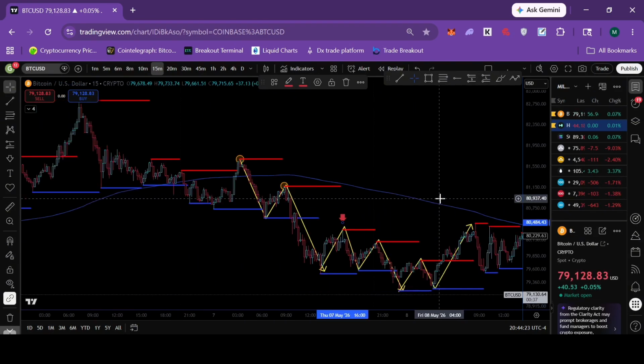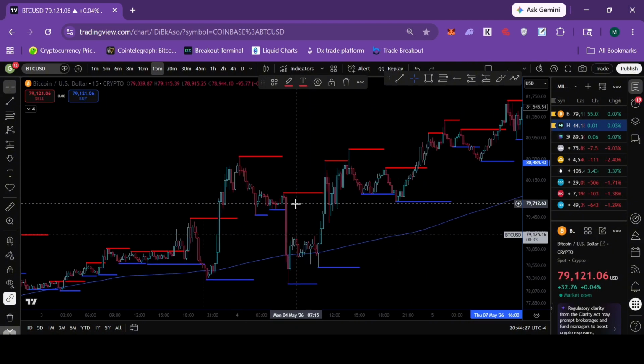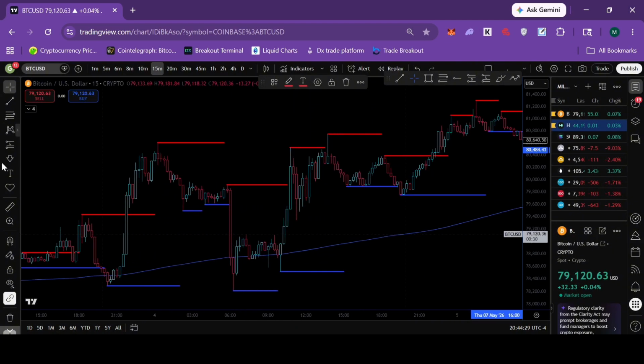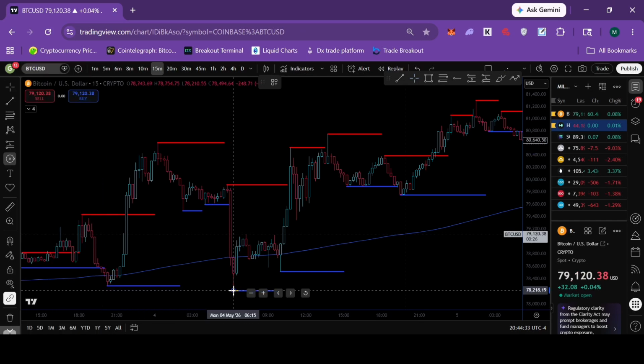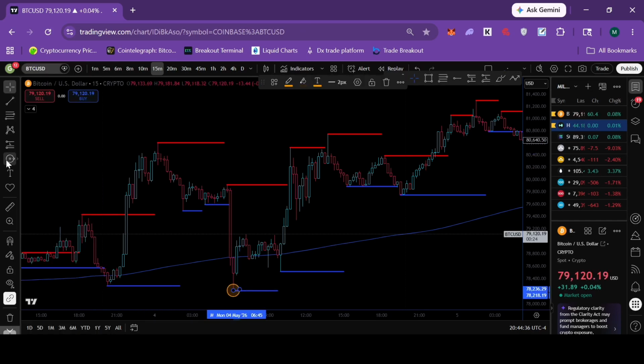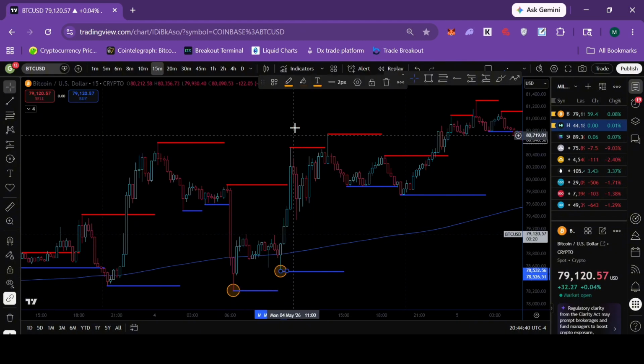Right? Boom. Next example, let's say we start here. We see we have one blue stair, followed by a second blue stair that's higher. That leads to a higher high.